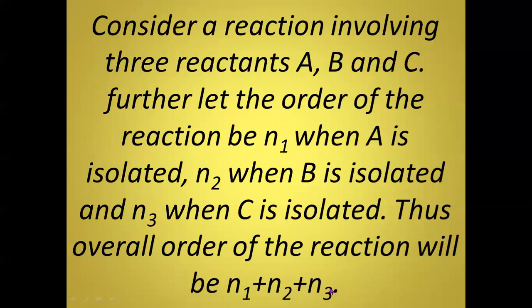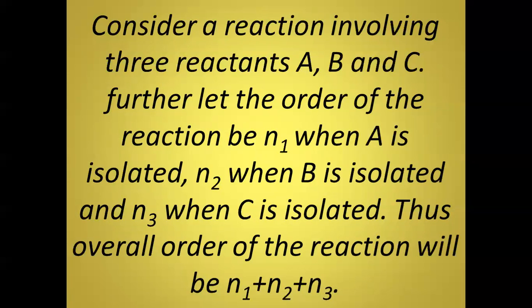The sum of N1, N2, and N3, that means N1 plus N2 plus N3, will give you the total order of the reaction. This is called Ostwald's isolation method, in which every reactant will be isolated one by one, and we will find the order of reaction with respect to that reactant. Finally, we will add them to get the total order of reaction.